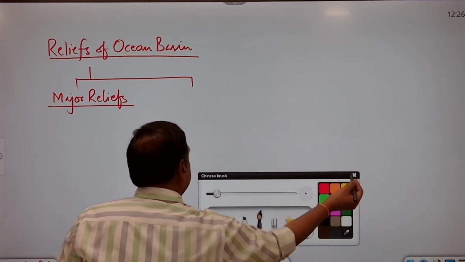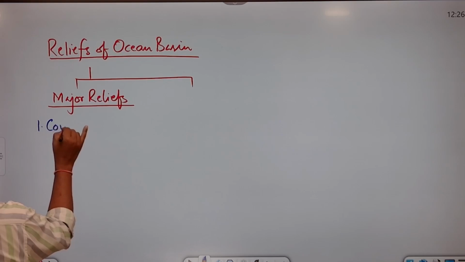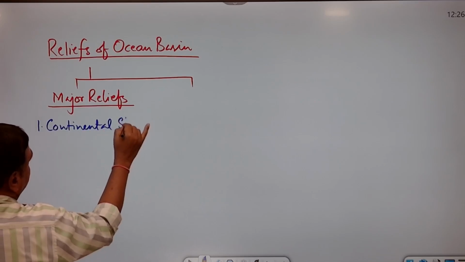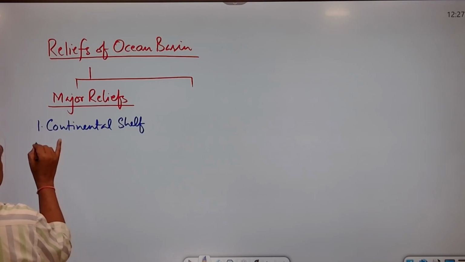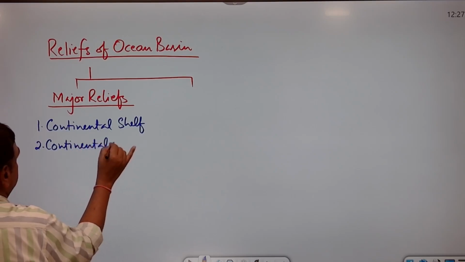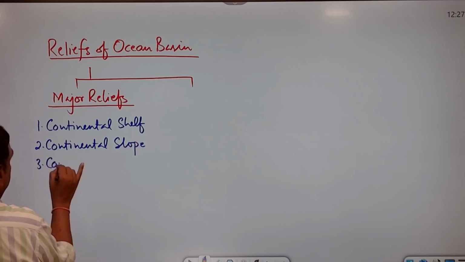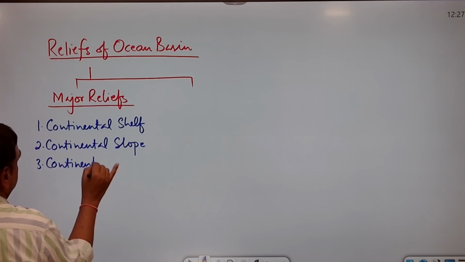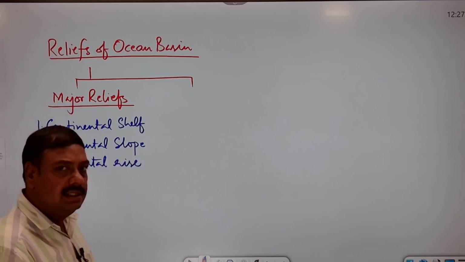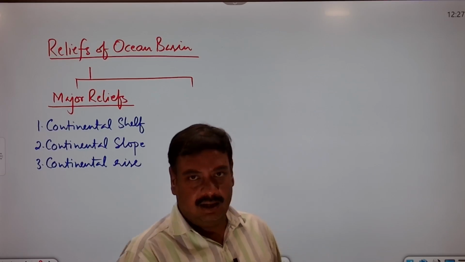Under the major relief features, some names which I hope you are familiar with are continental shelf, continental slope, continental rise. Actually this continental rise is, you can say, the end part of the continental slope, but I have taken this part separately.